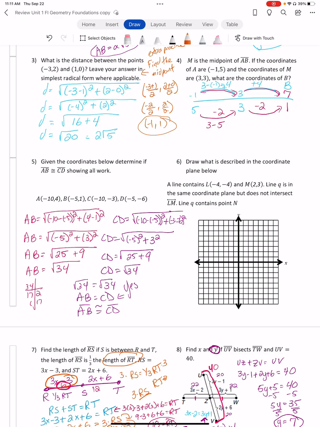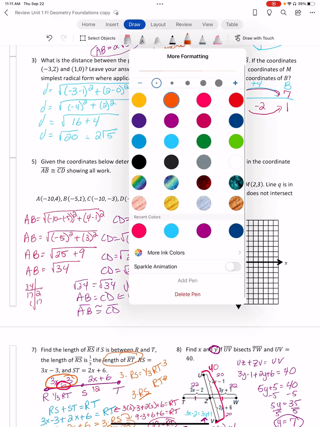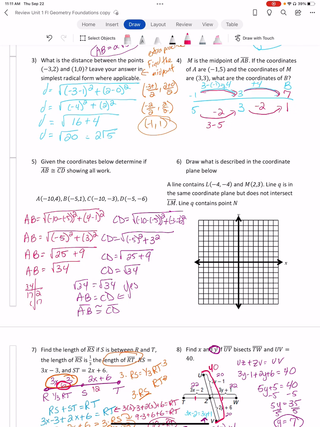Okay, so we said a line contains point L. So point L, which is (-4, -4). Here's point L. And M, which is (0, 2, 3). Here's our M. And so we do our best to draw a line through that. Okay.